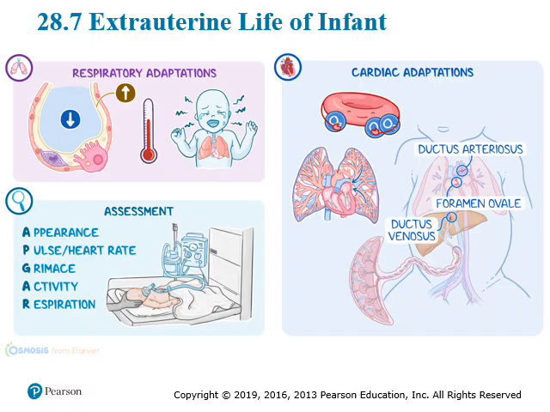A is for appearance, P is for pulse rate or heart rate, G is for grimace, A is for activity, and R is for respiration. So this all points to a score of about 8 to 10, and you're going to have a healthy baby.